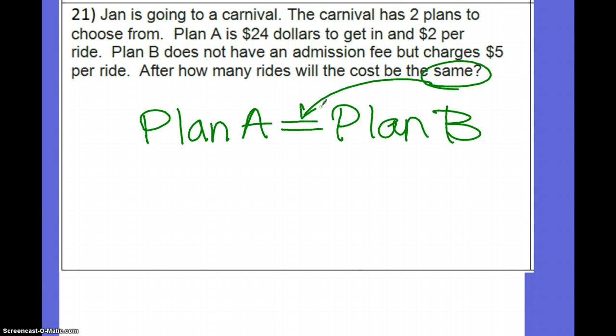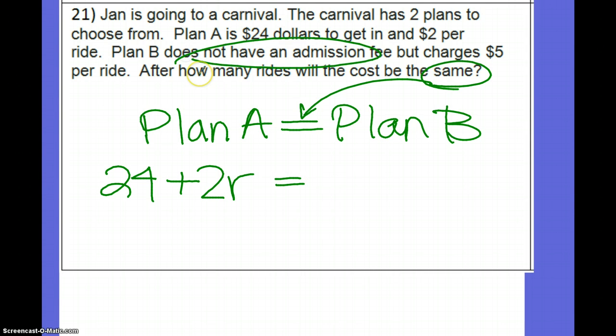So plan A, it costs $24 to get in. So we pay that once just when we go in, and then it's plus $2 per ride equal to plan B does not have an admission fee. So if you want to put 0, you could, and they charge $5 for every ride. And so now we want to get the r's together, and so we can minus 2r on both sides.